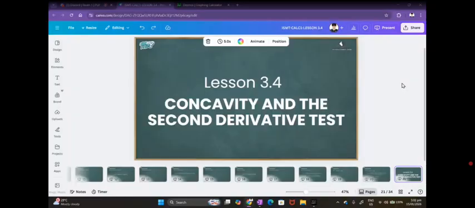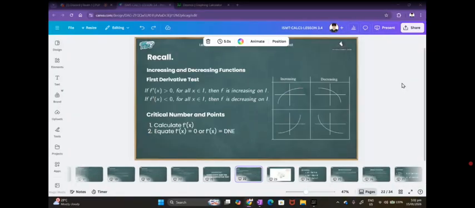So, let's recall by identifying the increasing and decreasing function and what is the first derivative test, and of course, finding the critical number and points. Itong tatlo na to, importante siya.